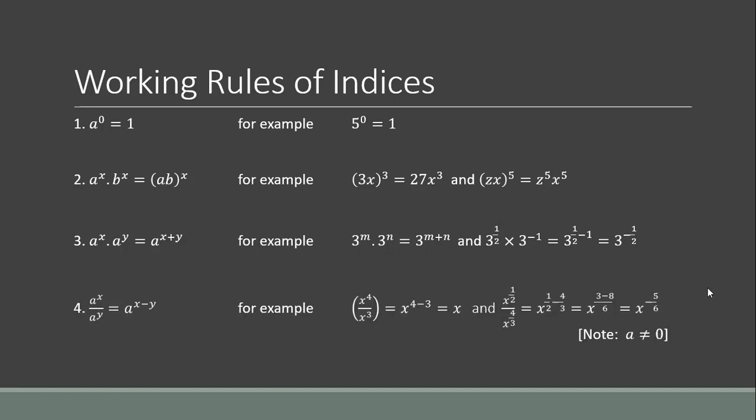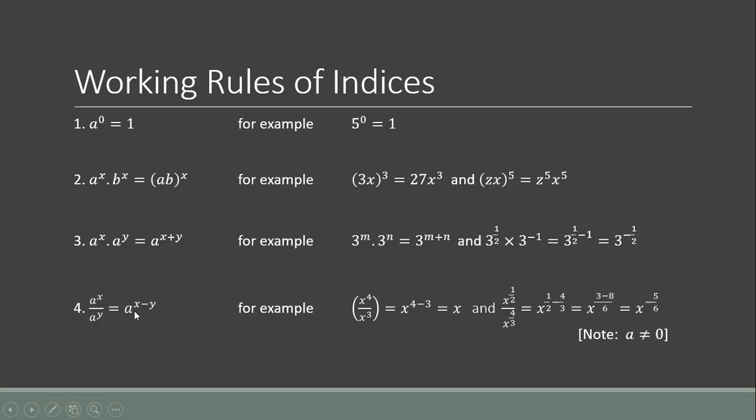For the fourth rule, we have a to the power x by a to the power y. If two expressions are divided and their bases are the same, both the numerator and denominator have base a, then the powers will be subtracted, from the numerator's power to the denominator's power.